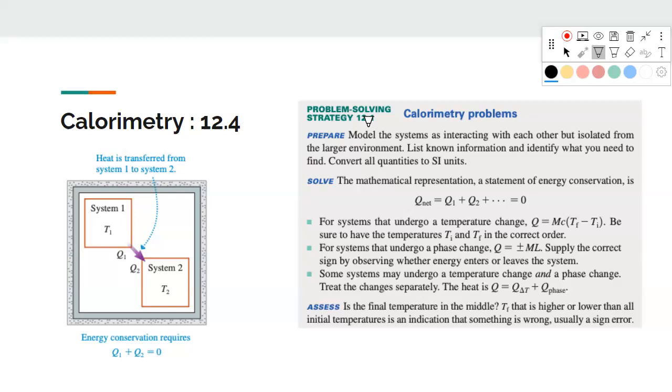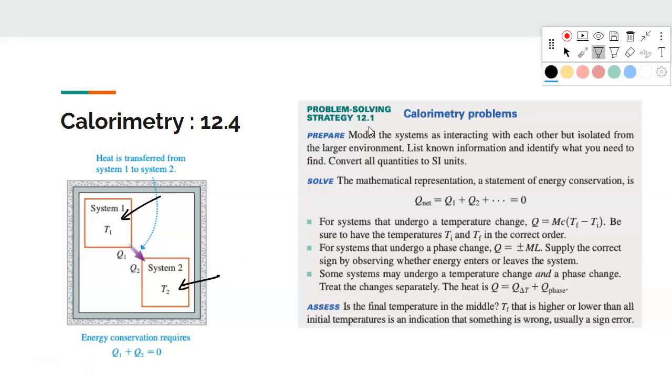Let's say that these 2 states, our system 1 and system 2 in the image, are both liquids that aren't near their boiling or freezing point. In that case, we could just use these MCAT equations. For this system, it has some temperature T2. For this system, it has some temperature T1.